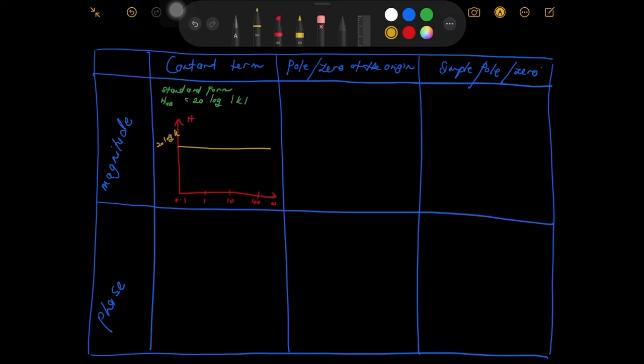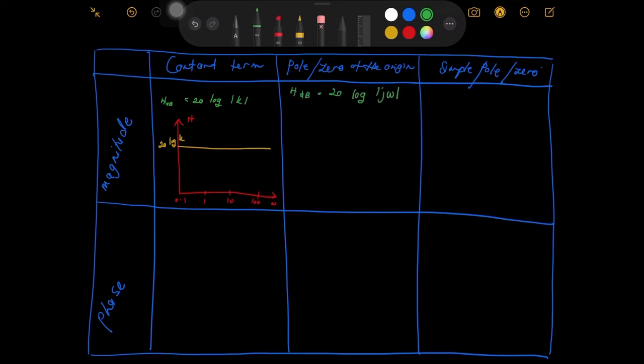For the constant term, you just plot a straight line and label it with 20 log k. k can be any constant, so you just do the calculation on your calculator and plot a straight line at the value you obtain. For example, if the k value is 10, you will plot a straight line at 20 decibels. Alright, so this is for the constant term.